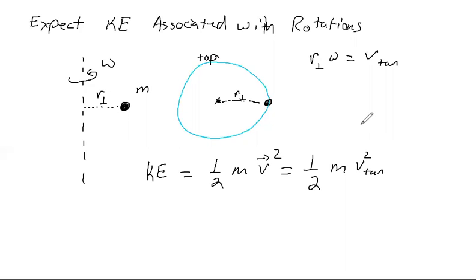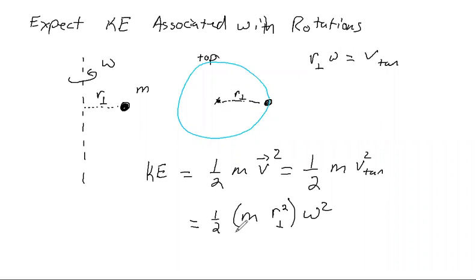And then I can recast this in terms of angular quantities. So I can rewrite this as 1/2 the mass times r perpendicular squared times omega squared.